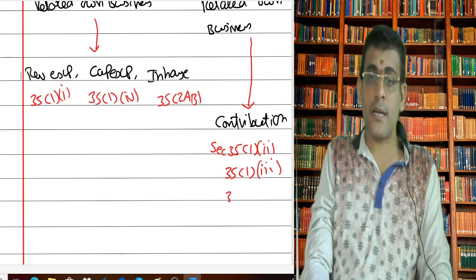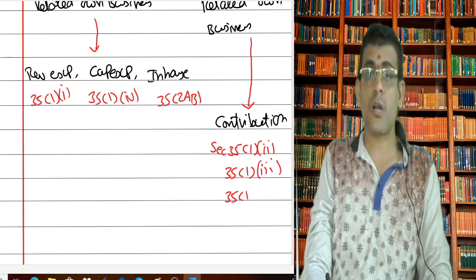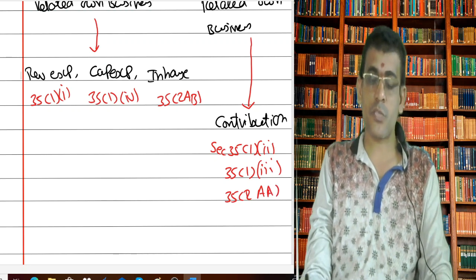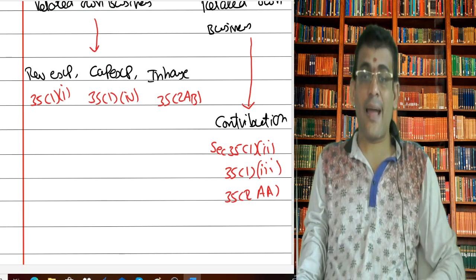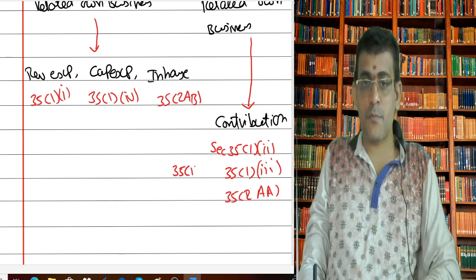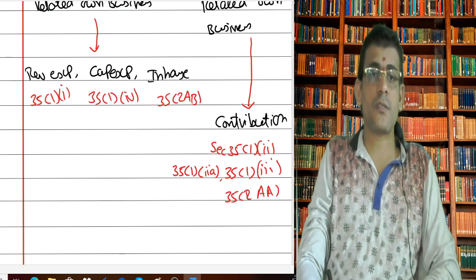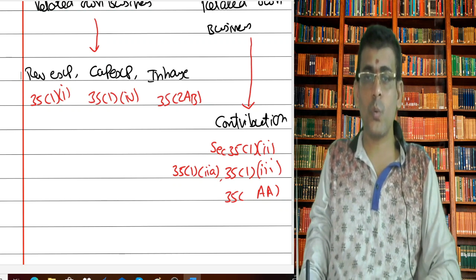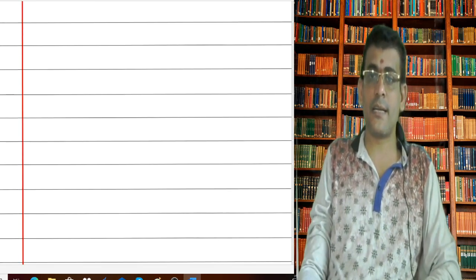We also have section 35 subsection 1 clause 2A, and section 35 subsection 2AA. So ultimately 2, 2A, 3, as well as 2AA. These are the four different sections we have as part of the contributions. We'll discuss that in detail at a later stage.